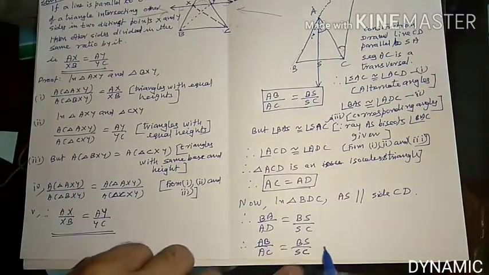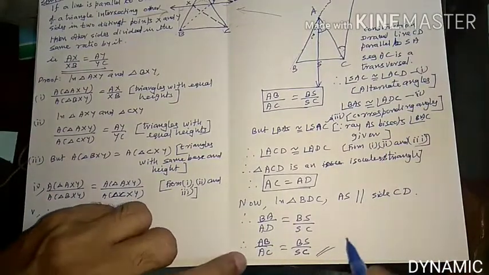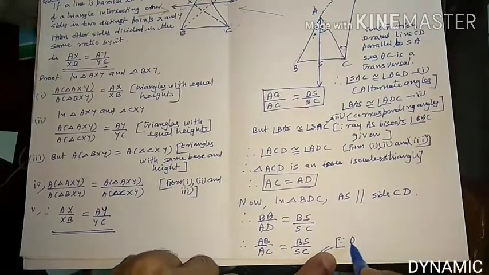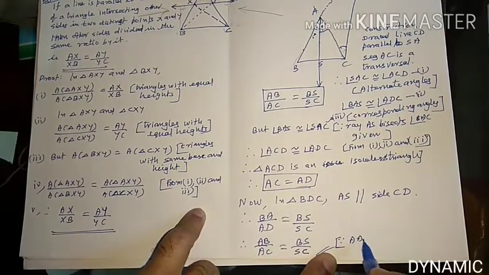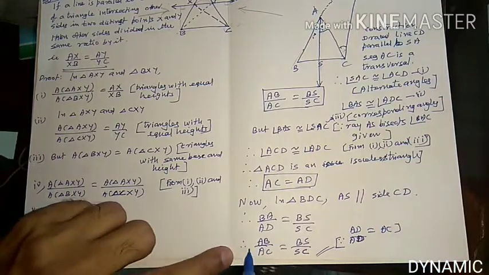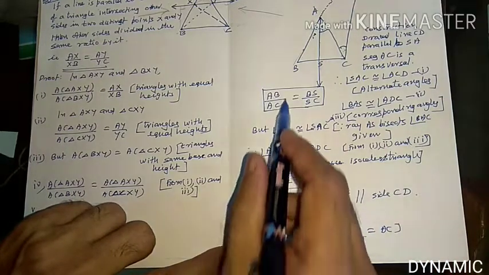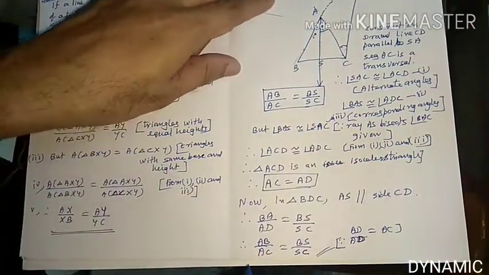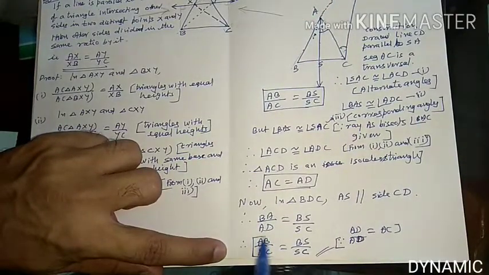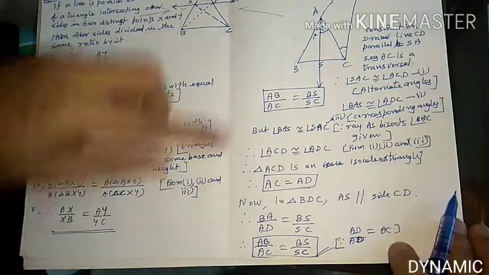Theorem. What is the reason? Since AD equals AC. This is what you have to prove. See, this is the property of angle bisector. What is the property of angle bisector?